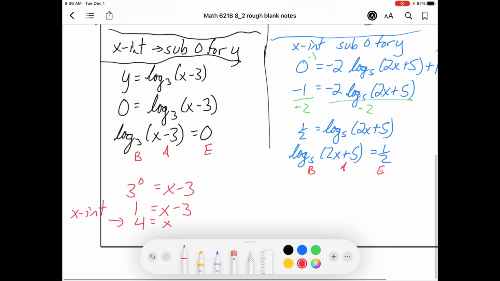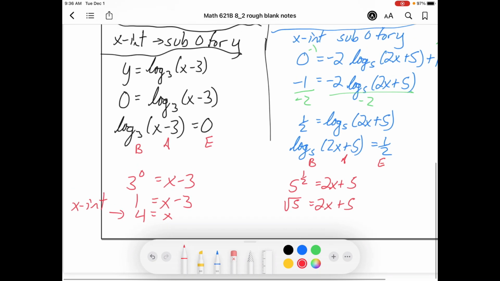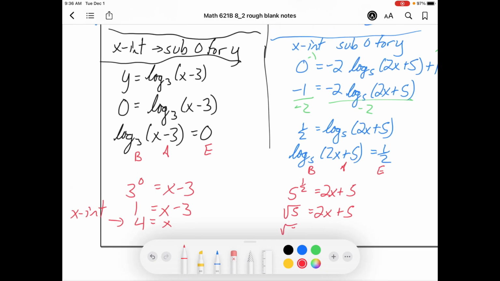So when I put it in exponential form, I'll get 5 to the 1/2 equals 2x plus 5, or square root of 5 equals 2x plus 5, because a power of a half is just a square root. Or root 5 minus 5 equals 2x. Or x is root 5 minus 5 all over 2. There's our x-intercept.